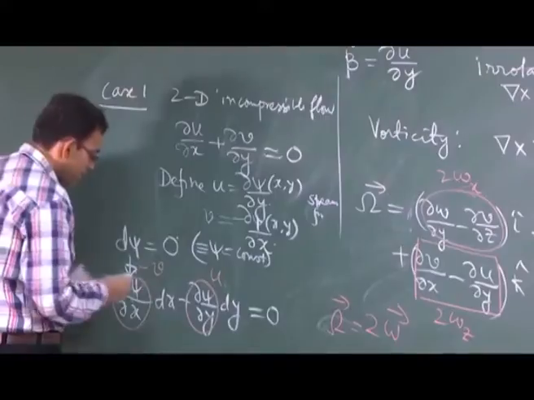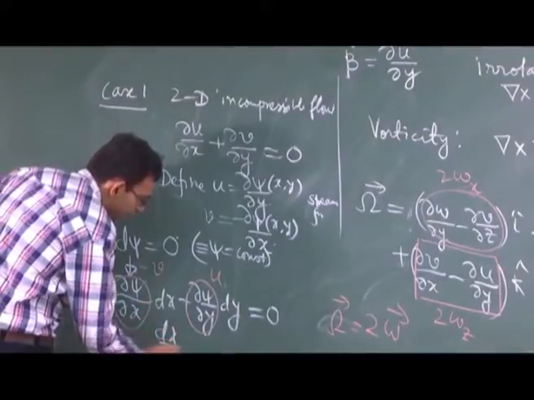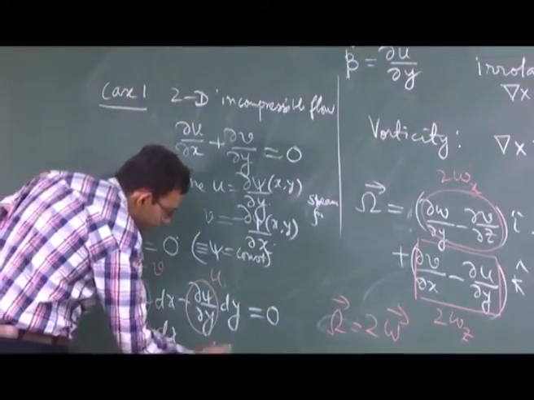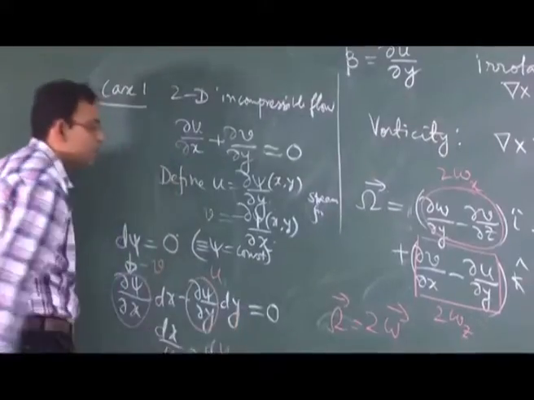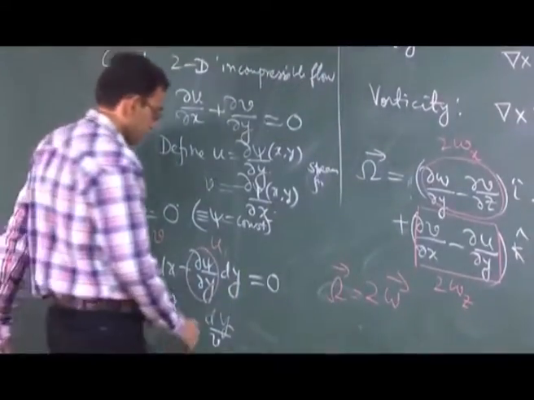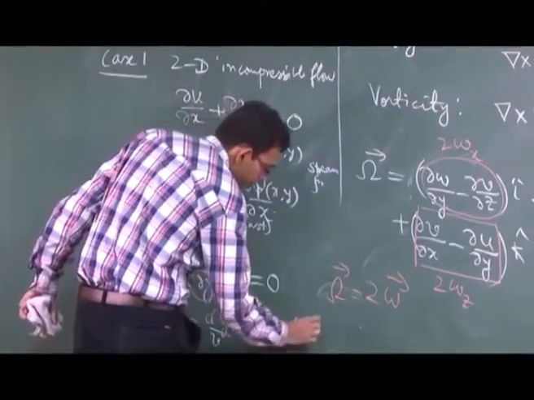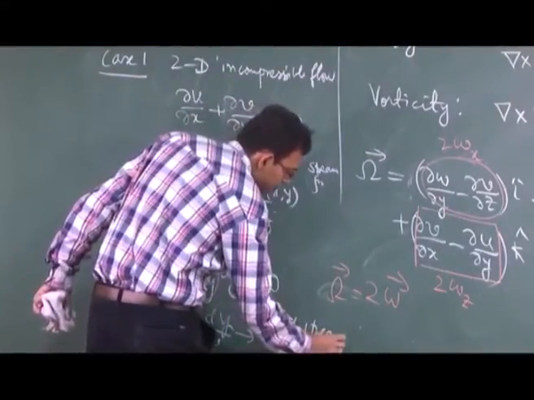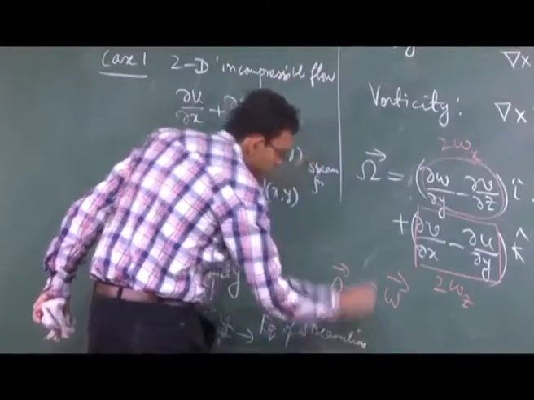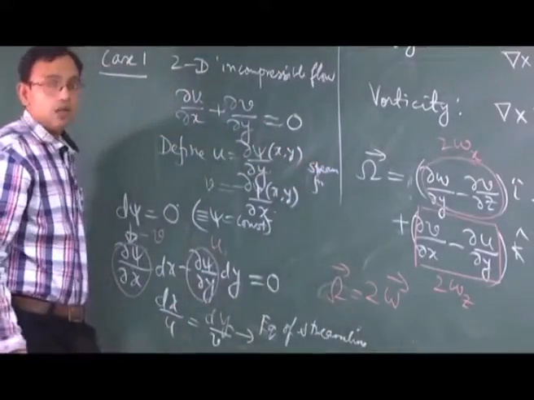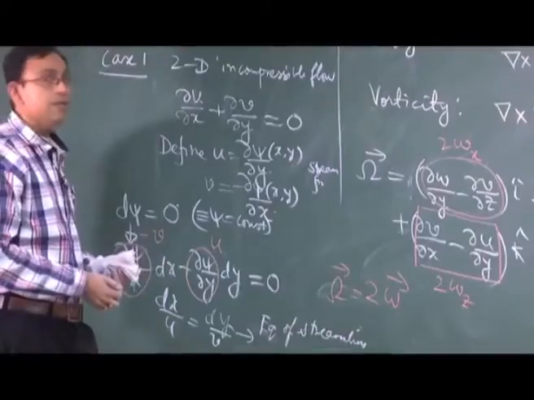So, this becomes dx by u is equal to dy by v. This is the equation of a streamline.